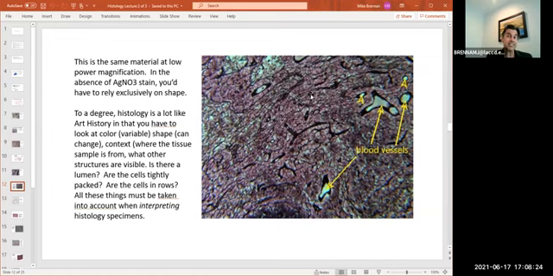So to a degree, this is like art history. Histology is like art appreciation class, art history class, where you look at the color, the shape, the brush strokes, the context surrounding everything, and then you can narrow it down to a time period, a school, a particular artist, and maybe a particular period in that artist's life.